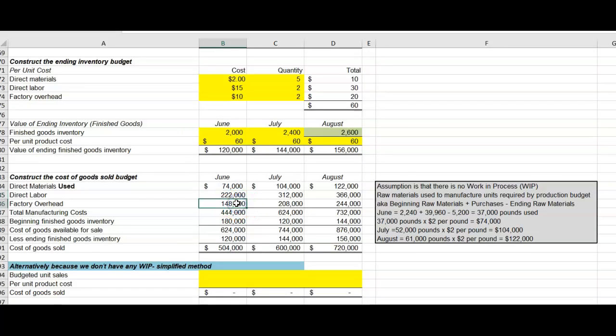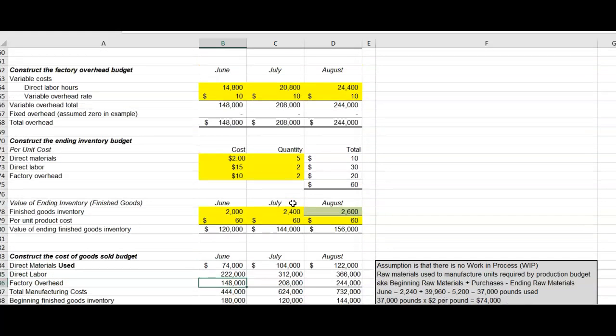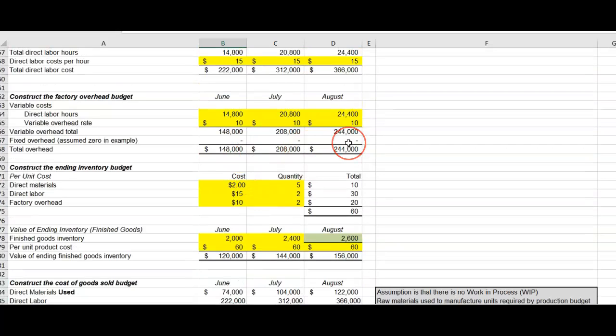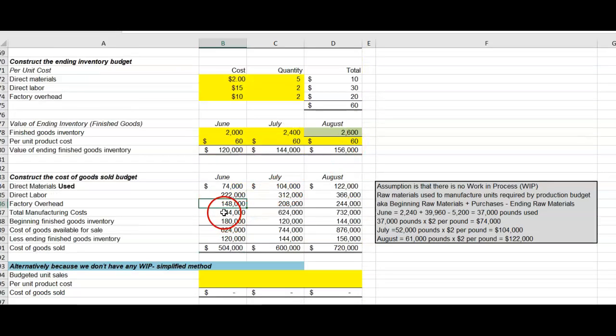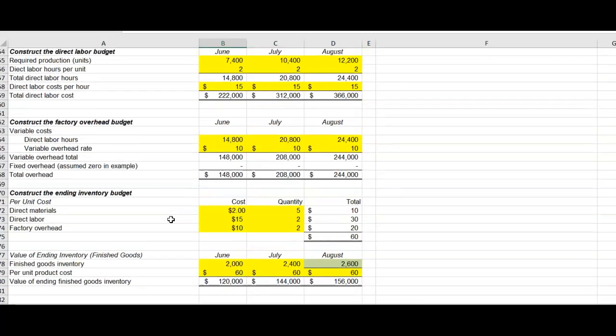Factory overhead, again, we don't have to worry about beginning, ending inventories or work in process inventory, so we're just pulling directly from the factory overhead budget, which is right here. When we add all this up, these are our total manufacturing costs. So our direct materials, our direct labor, and our factory overhead, all three of these give us our total manufacturing costs. To that, we're going to add our beginning finished goods inventory. And this, we'll scroll back up here.